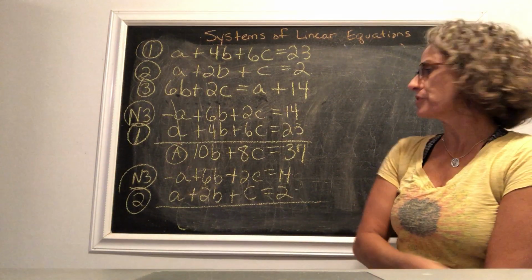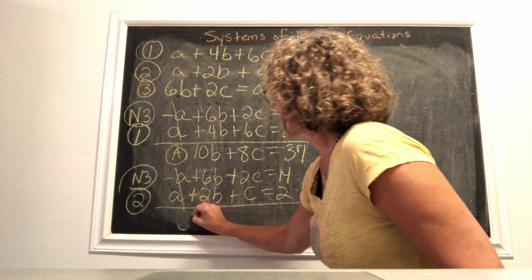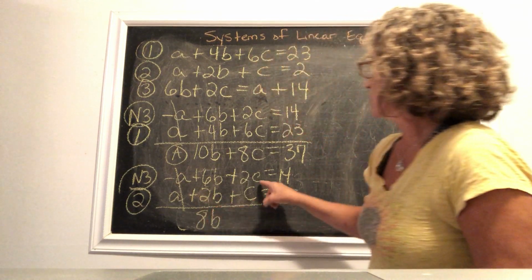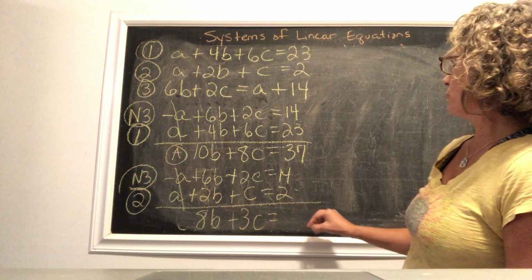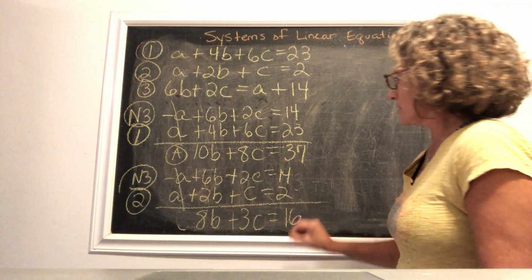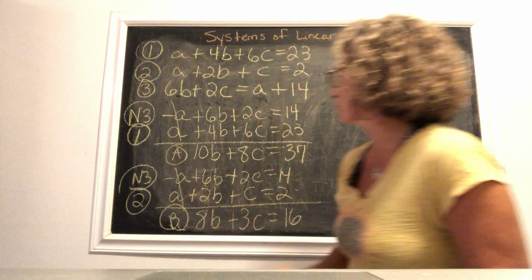Okay, we add those together. That cancels. 6B and 2B is 8B. 2C and 1C is 3C. And 14 and 2 is 16. And now I'm going to call this equation B.